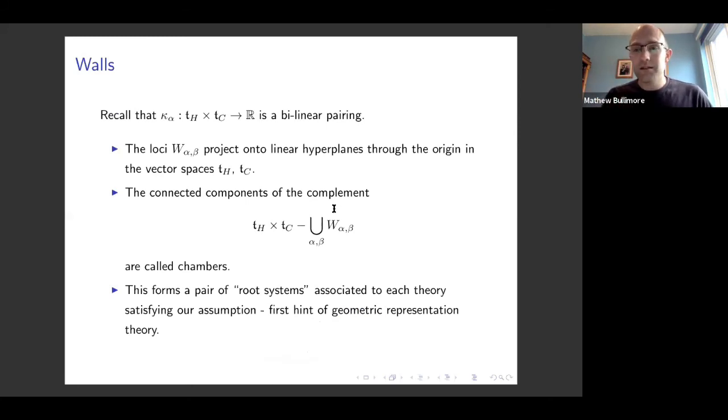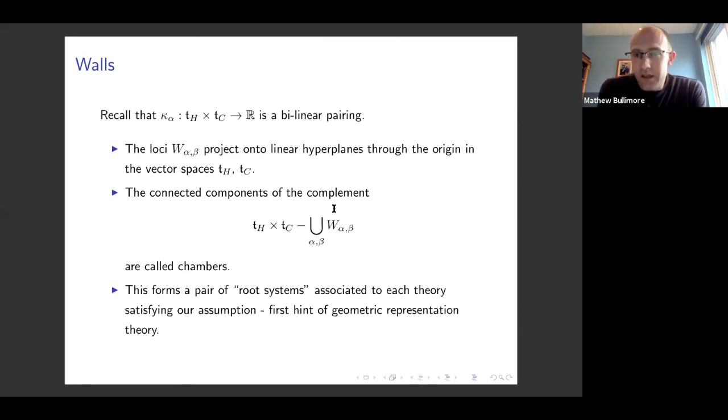So if I fix the FI parameter and look at the image of this locus in the space of masses, it will define a linear hyperplane through the origin. So I can project these walls down onto the spaces of masses and FIs, and they'll give me linear hyperplanes.